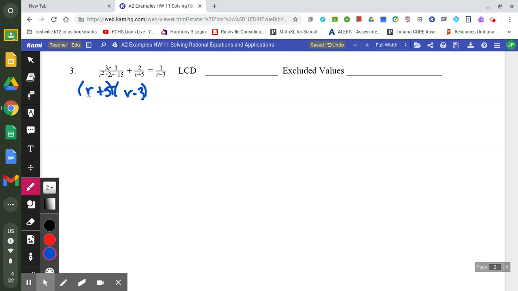Well, let's think about this. R times r gives me r squared. R times -3 is -3r, and then plus 5r. That gives me that plus 2r. And then 5 times negative 3 gives me that negative 15. So that does factor. So that also means that my least common denominator is r plus 5 times r minus 3.